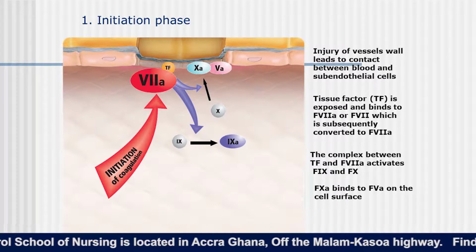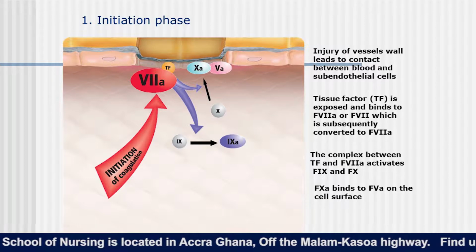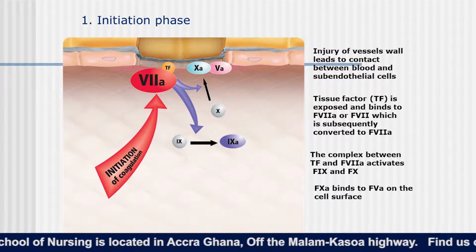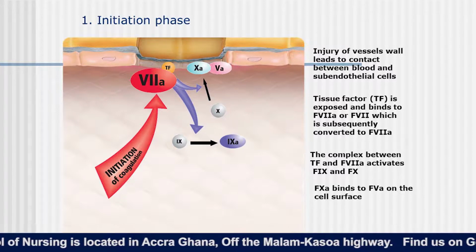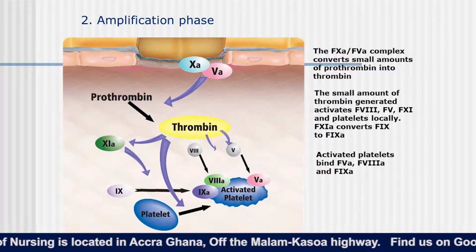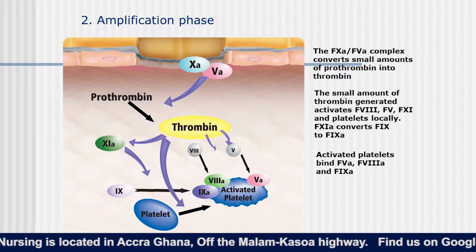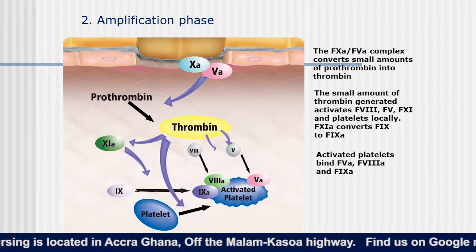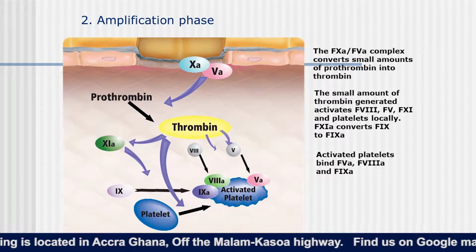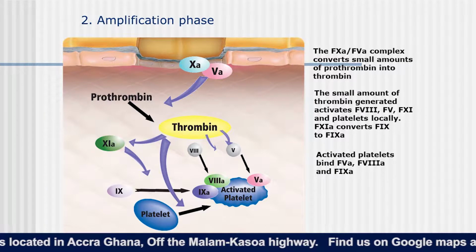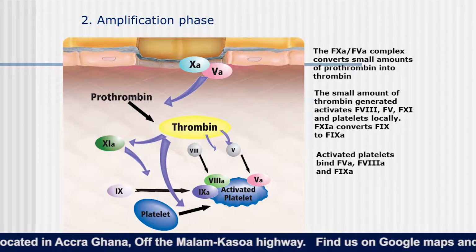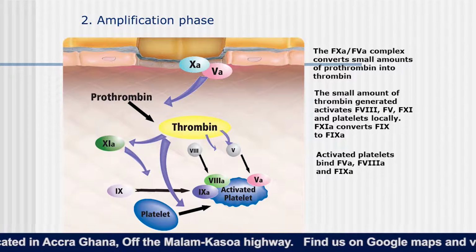Once there is an injury or a cut, the tissues become exposed, and so that brings about the initiation phase. Once the initiation phase is completed, it leads to the amplification. Amplification is where more platelets are sensitized to come to the place where there is injury.